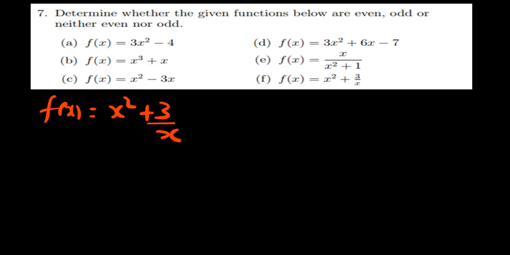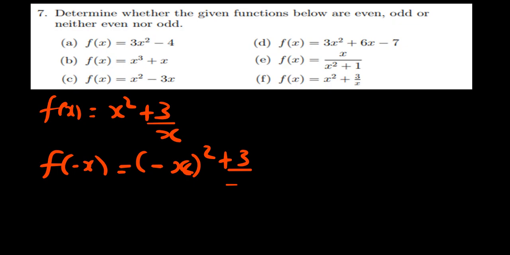You're going to say f of negative x is equal to, wherever there is x, I'm going to replace it with negative x. So negative x squared, plus 3 over negative x. So what am I going to have? I'm going to have negative x squared, that is just x squared, plus 3 over negative x.